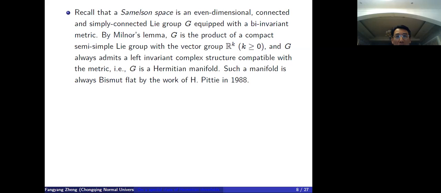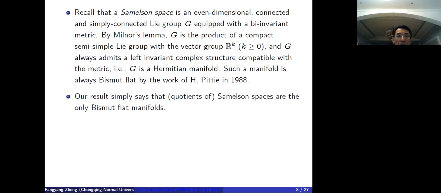So these were known a long time ago. But our result basically says that they are the only such manifolds if you impose the Bismut flat condition.